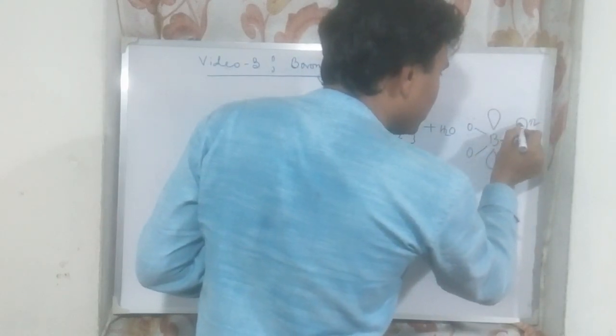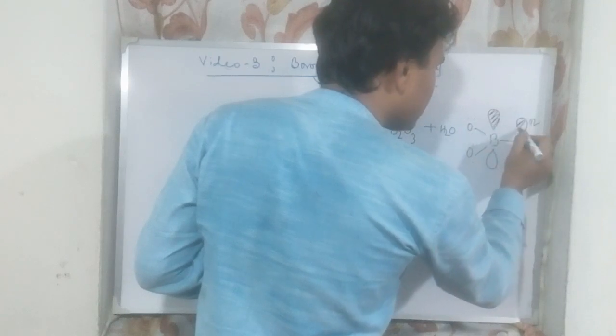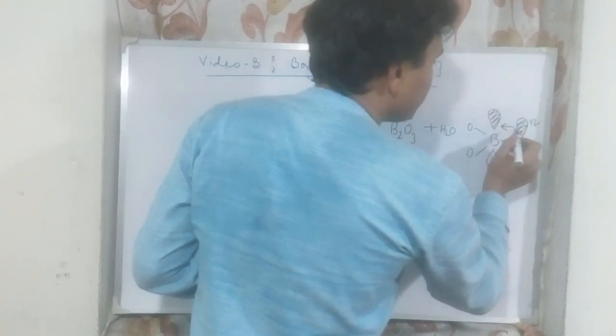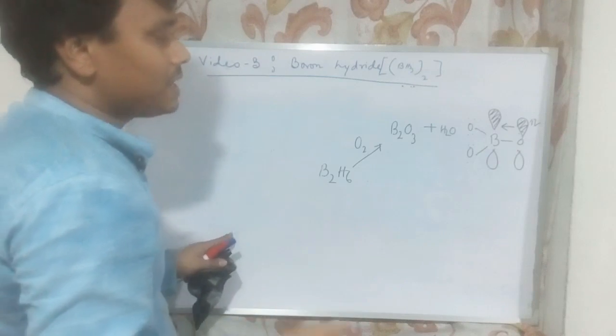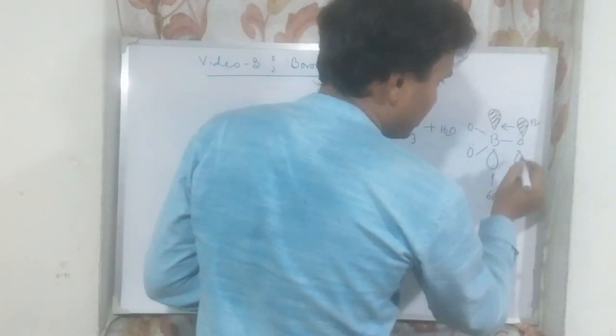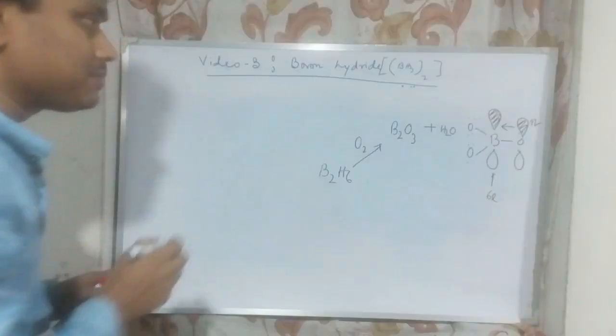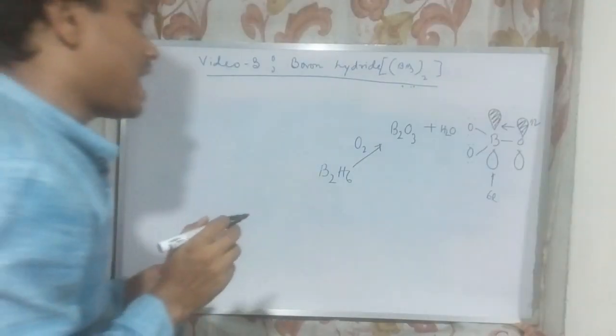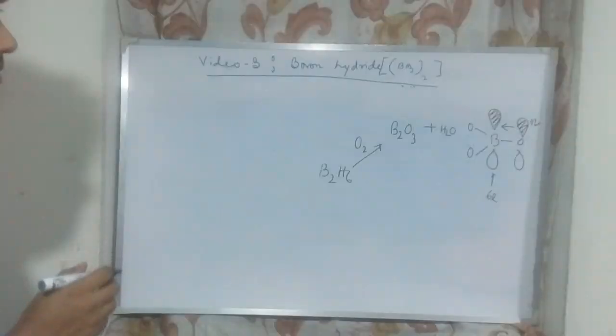So oxygen can donate its electrons to the boron, which will satisfy the electron deficiency of this boron atom, which has 6 electrons. In this way boron will get stability. That's why boron has a higher affinity for oxygen.